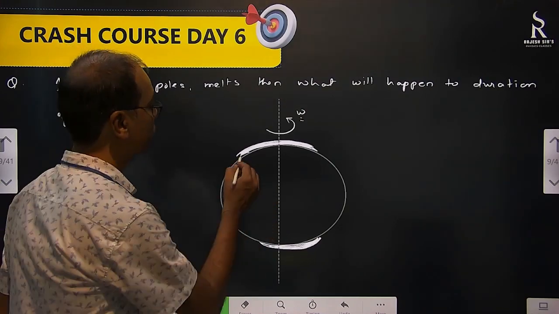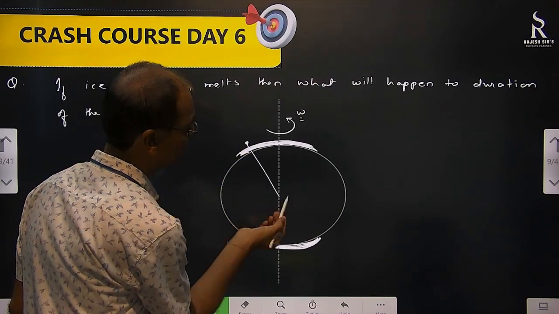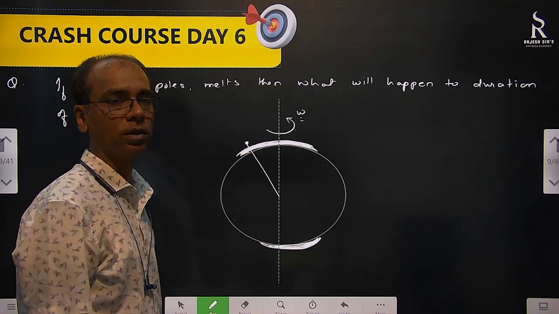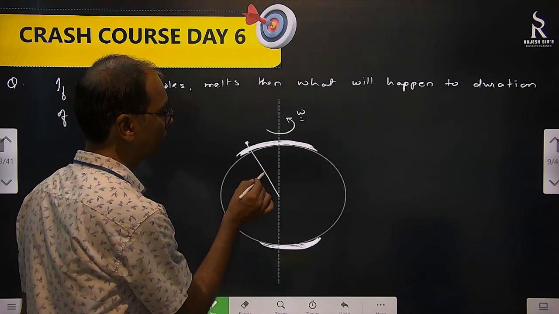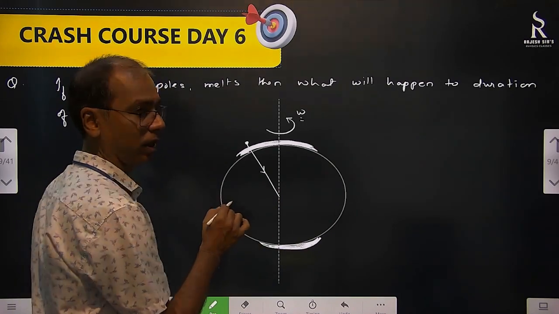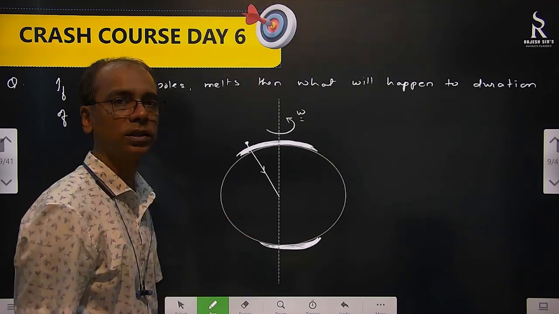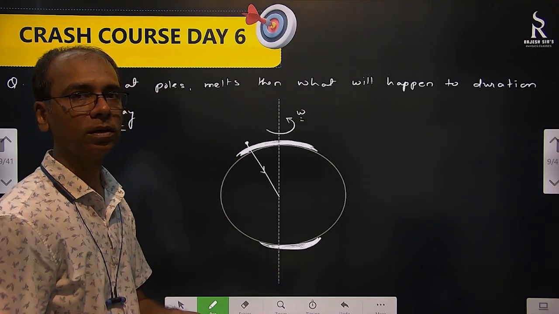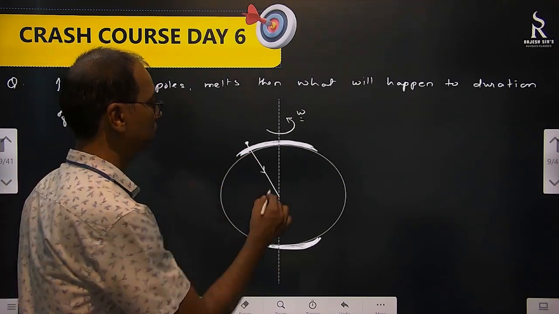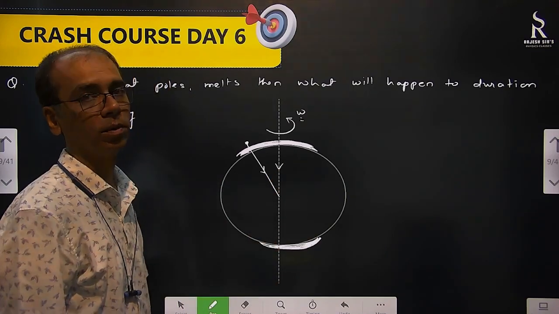If I take one particle over here and it's free to move, this is how gravitation force acts on it. There will be two components: one component downwards in this way, and one component horizontal.